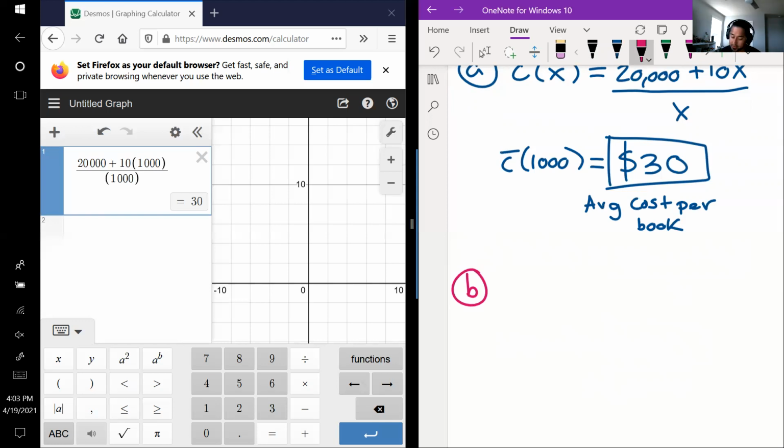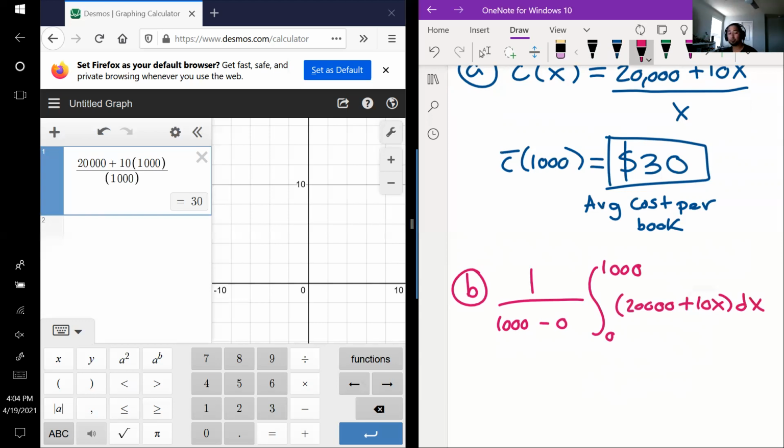So this means that you're going to get 1 over 1,000 minus 0 times the integral from 0 to 1,000 of just the cost function, 20,000 plus 10x dx. There we go. Okay, and now clean up, of course.